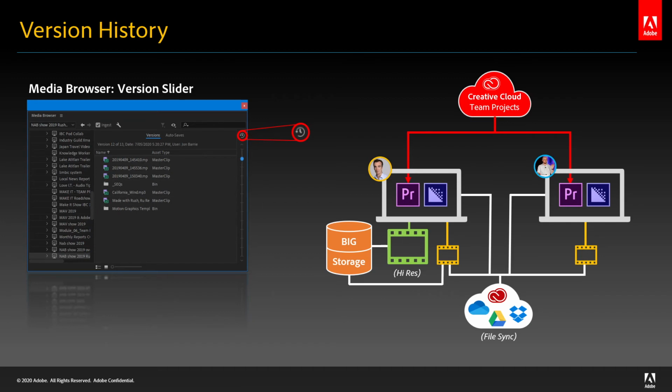Each version notch represents a share from any of the collaborators. A pop-up window shows details from that version share, such as the version number, date and time it was shared, who the user was, and any comments. Users can directly import or open an asset in the source monitor to confirm the content before adding it to their current version.